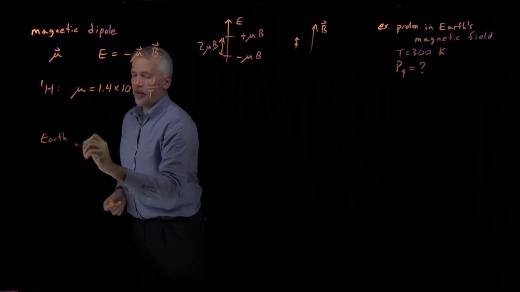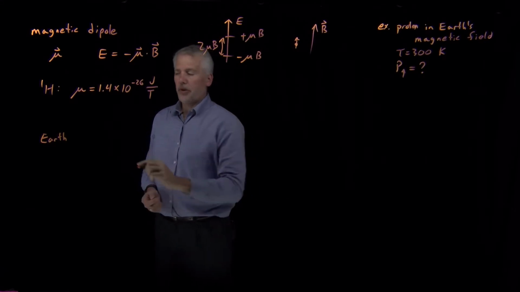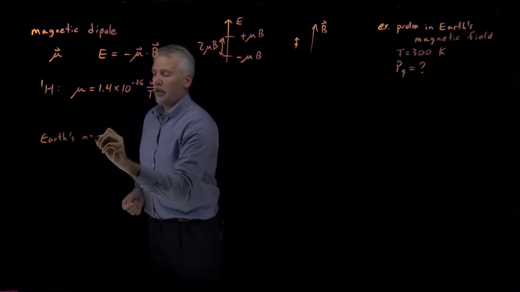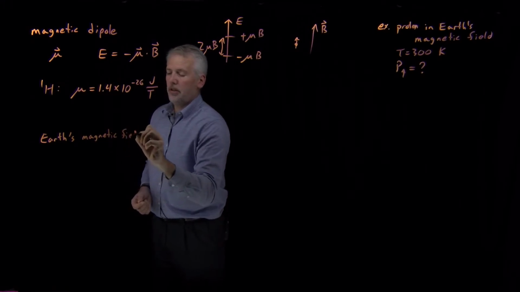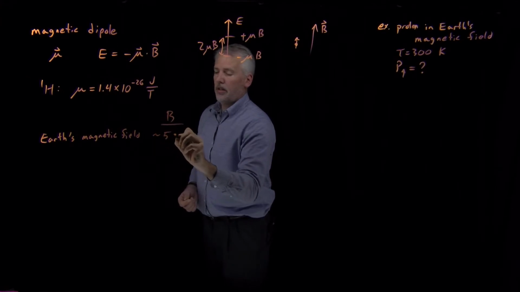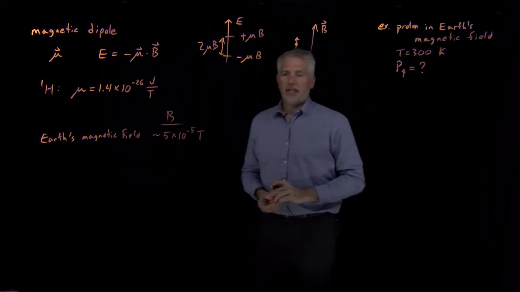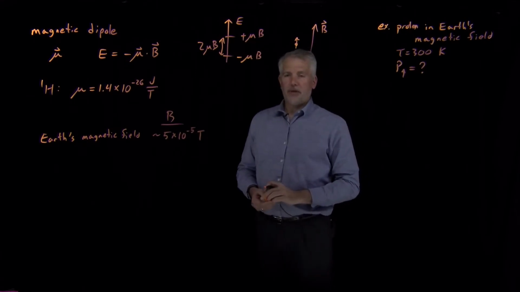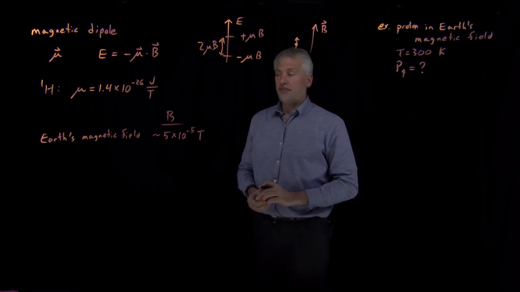we know that the Earth has a magnetic field. That's what makes compasses work, right? There's a relatively weak magnetic field at most places on the Earth. In units of Tesla, the Earth's magnetic field is about 5 times 10 to the minus 5th Tesla. So 1 Tesla is a relatively strong magnetic field.